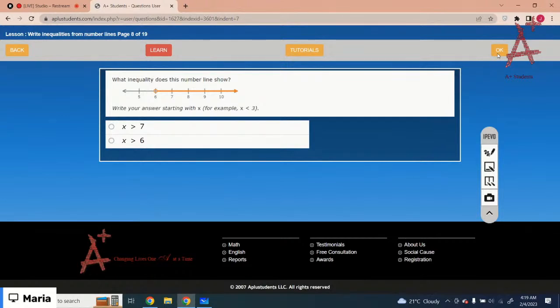So the correct option is x is greater than 6. Got it?